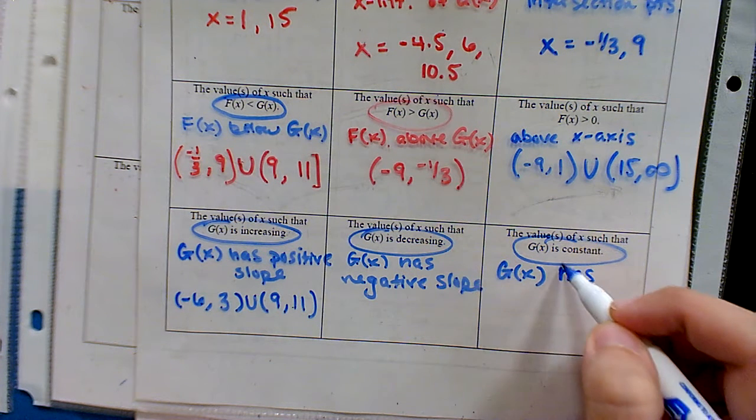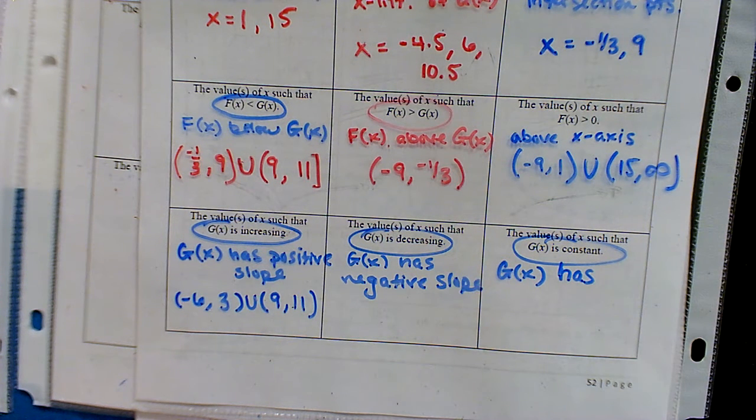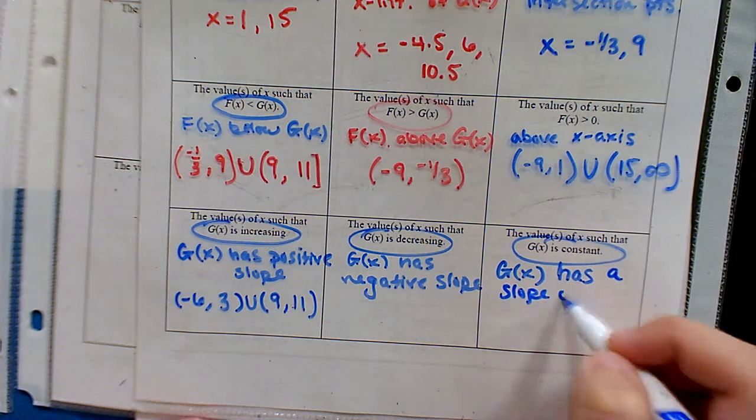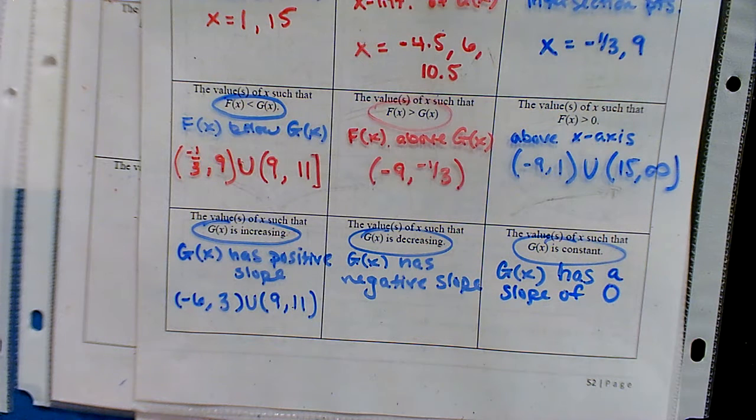If you have a constant graph, what's your slope value? It is 0. Has a slope of 0. Okay? But again, in terms of tracing, if you're constant, your finger or pencil is going to be flat. So go ahead and try to find those sections on your graph, where your graph is going down and where your g graph is flat.